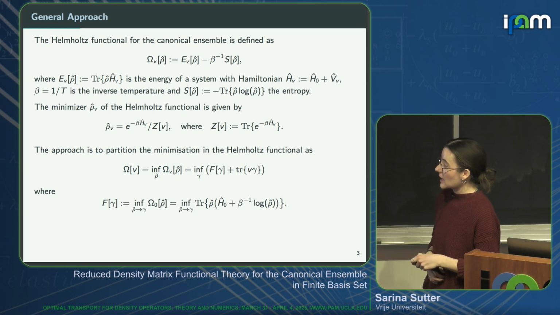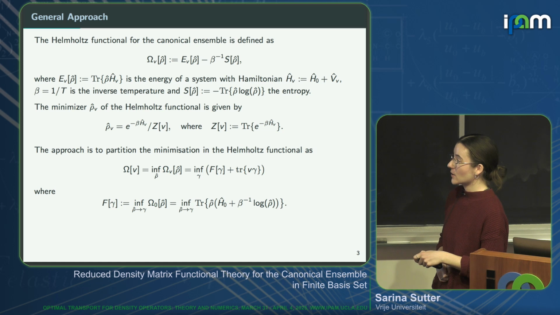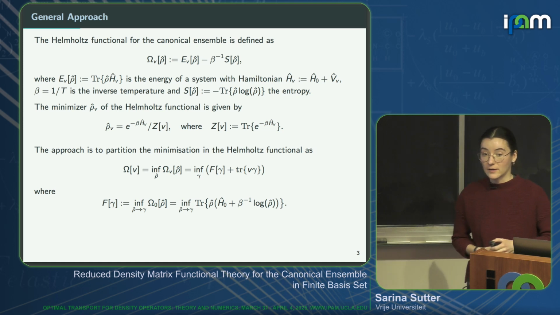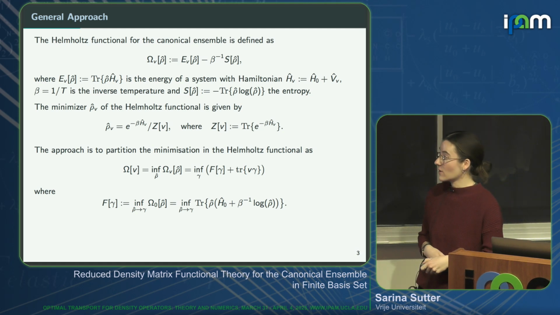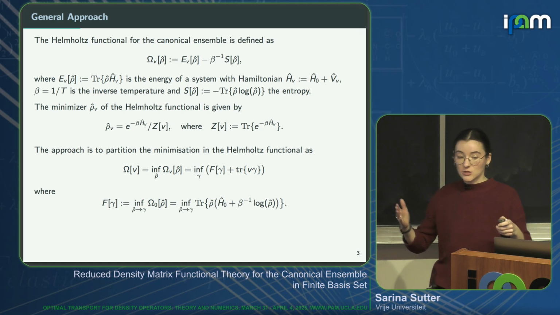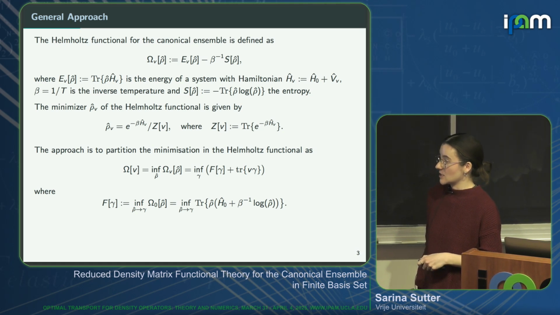Here we can take the potential energy out of the minimization over the density matrix, because we only need the 1-RDM to compute the potential energy. If we have a fixed 1-RDM and we minimize over all density matrices which produce this 1-RDM, then the potential energy will always be the same. So we can take it out of this minimization.